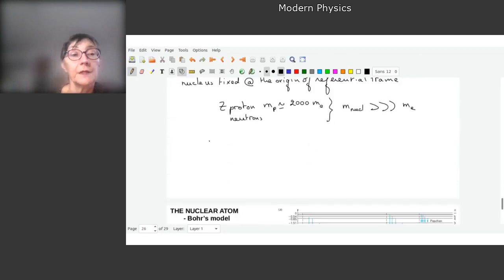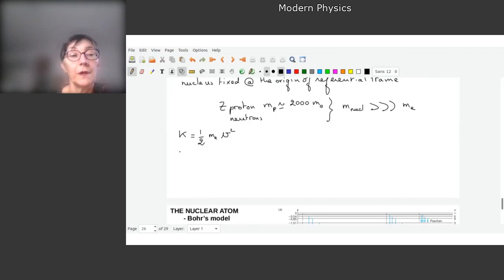Something else, so we write first the kinetic energy of the electron, one half me times the velocity of the electron squared.